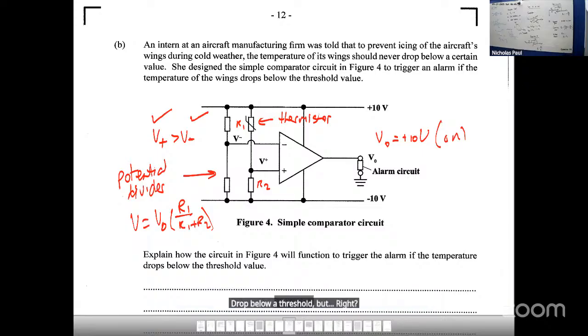So whenever R1 changes, would the resistance drop or go up? If R1 goes above a certain value, it will cause V plus to be larger than V minus, causing the output to be saturated high and turn on the alarm.